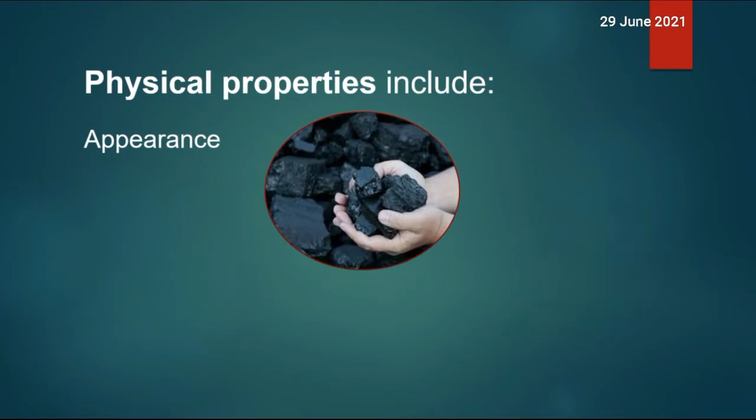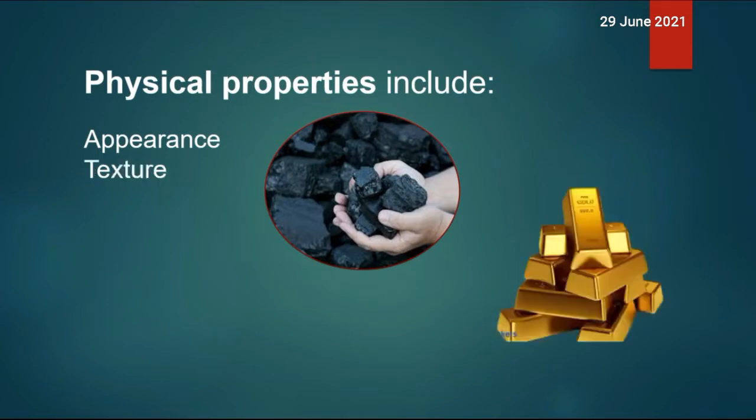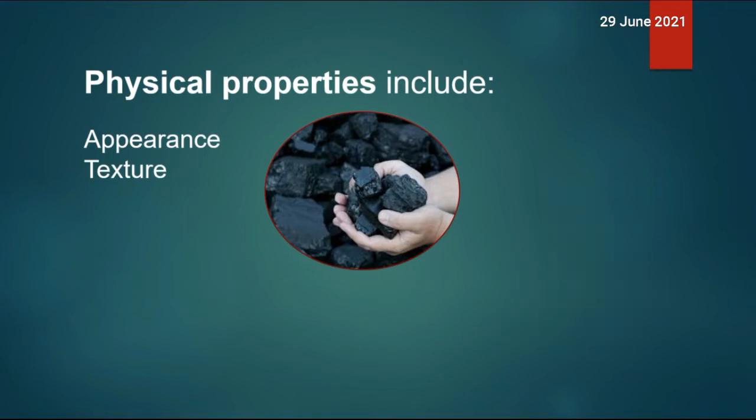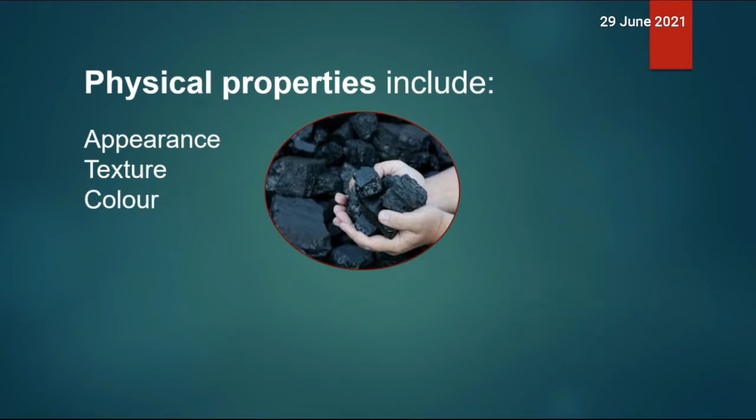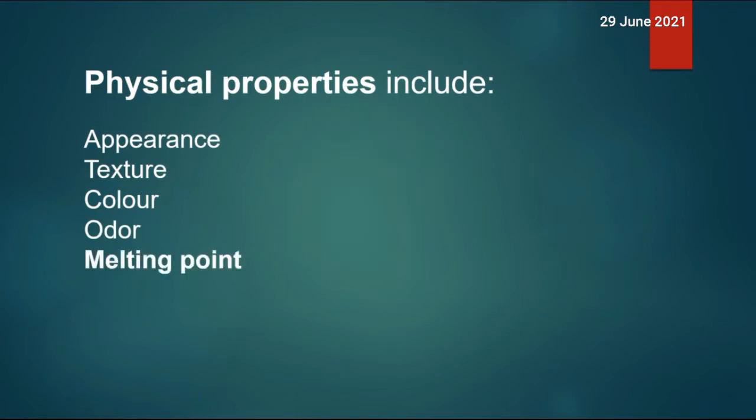Next is texture. And what do you mean by texture? You see, the coal is rough on its surface, whereas gold is smooth and it is colorful. Again, coming to colors, elements exist in different colors. Odor and melting point.